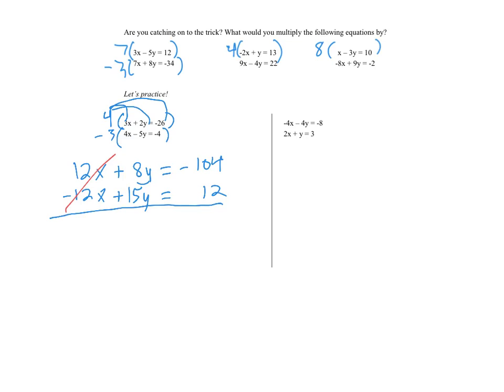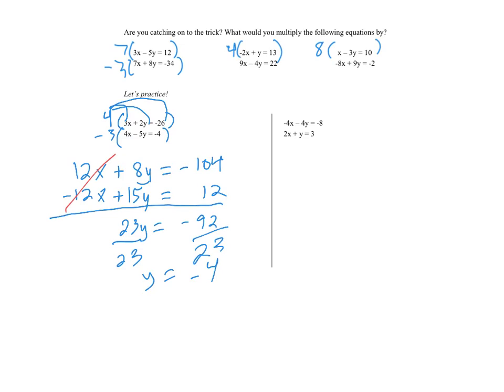And then 8 plus 15y is 23y. Negative 104 plus 12 is negative 92. We always divide by the number in front of the variable. Y equals negative 4.